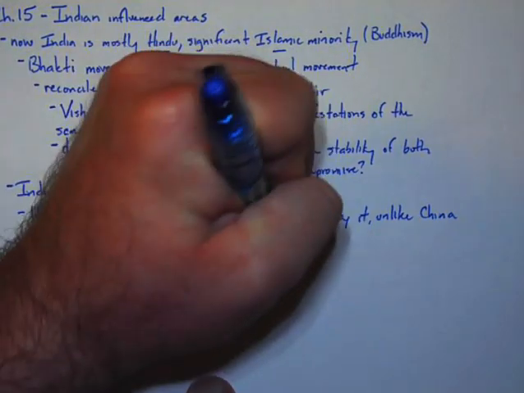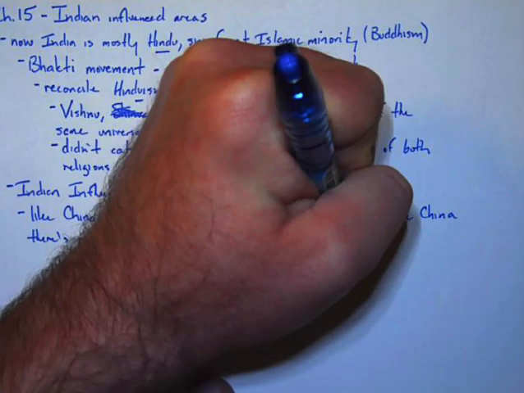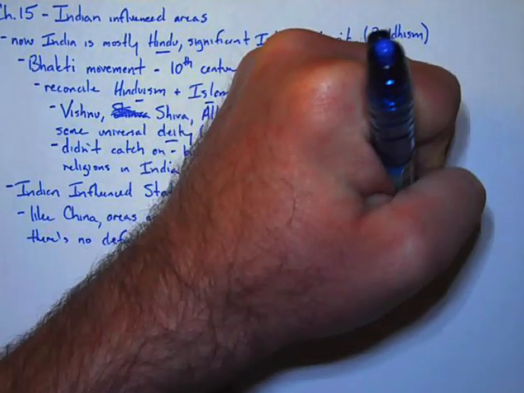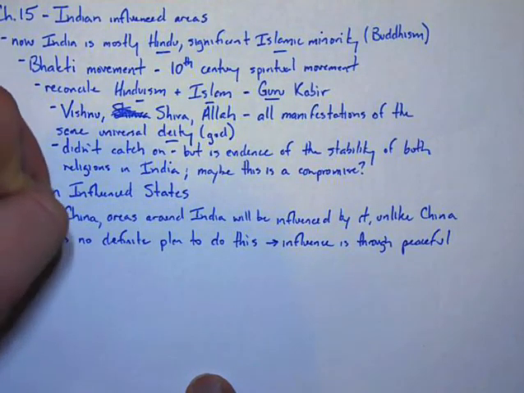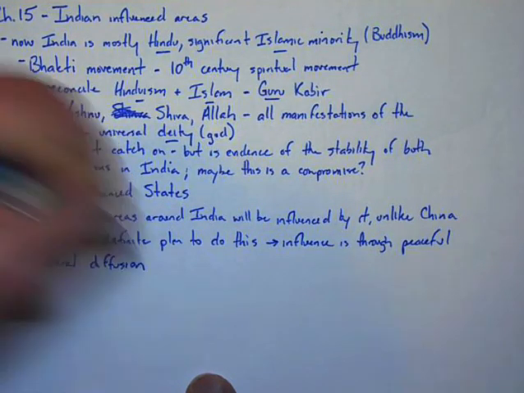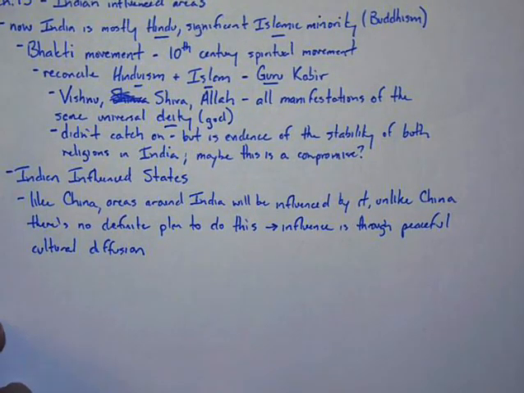All of this influence is through peaceful cultural diffusion. So the Indians aren't trying to influence these places. It just happens through trade and general travel.